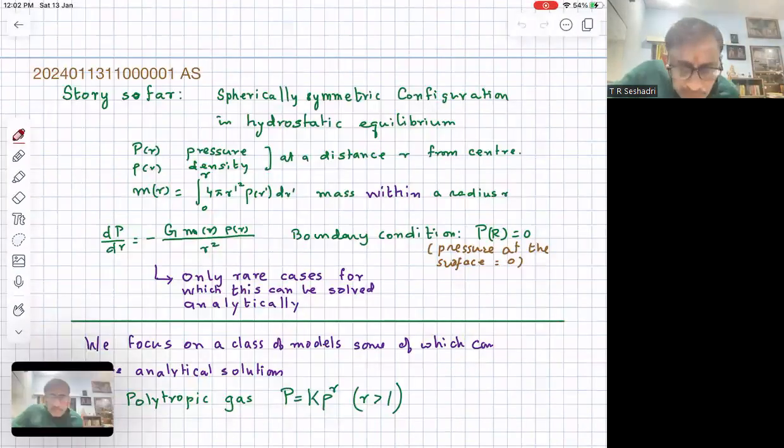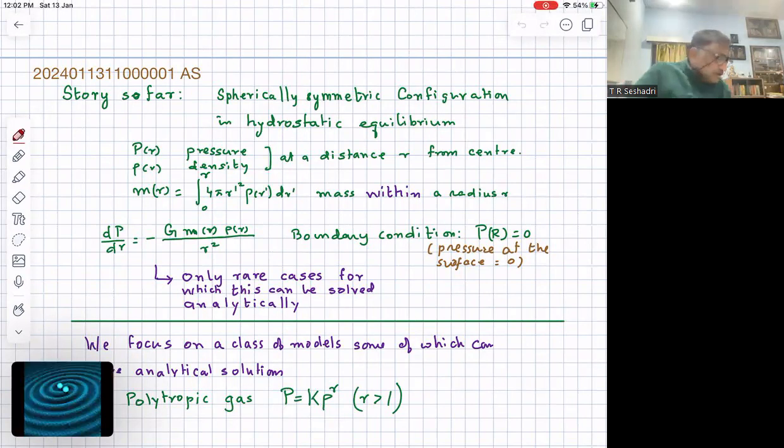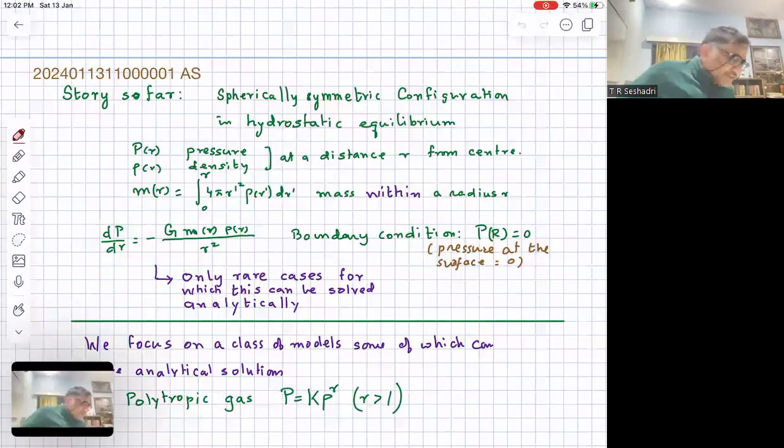Okay, so let's start. Can you see the screen? Yes, I can. So till now, we have been talking about spherically symmetric configurations in hydrostatic equilibrium. Here, P of r is pressure and rho of r is density, and these are at a distance r from the center of the system.